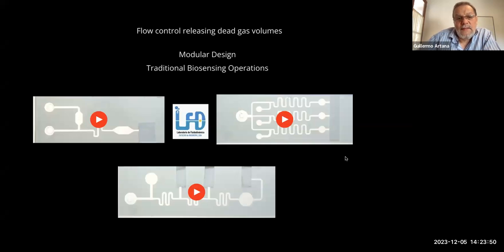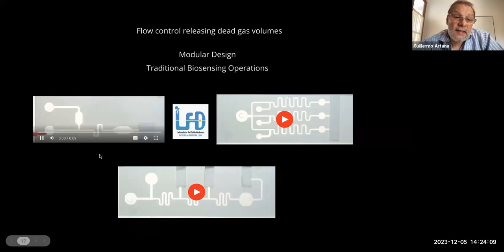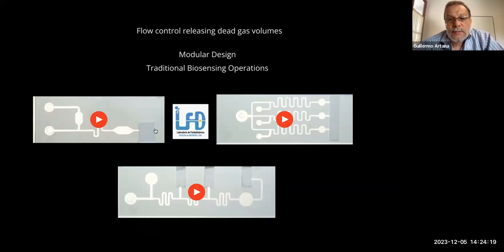In any case, this is one of the possibilities, but you can also have other possibilities in which you take advantage of dead gas volumes. So you can propose valves that, once you release the trapped gas, you can produce the flow. This is one of the examples. And when you remove this cover there, you can produce the flow.